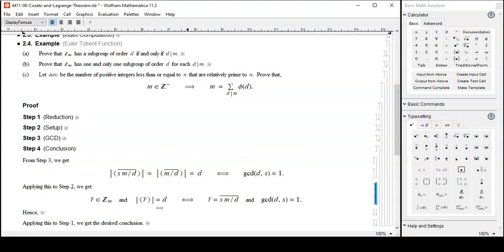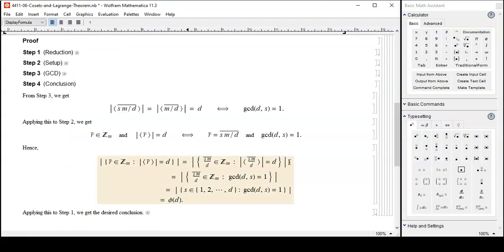And so arbitrary r bar has order d if and only if this r bar is Sm over d bar, where GCD is 1. So how many r bars are there? That's the same as how many Sm over d bars are there, such that GCD is 1. Therefore, we can do this kind of counting.